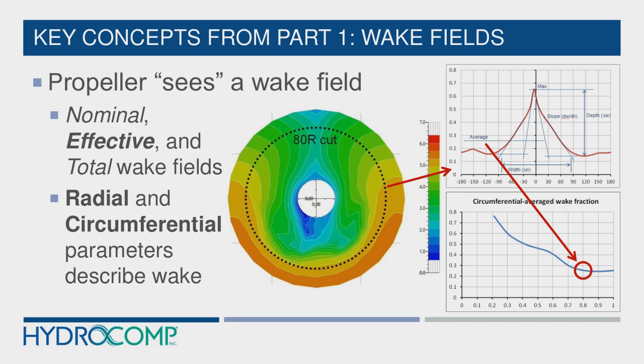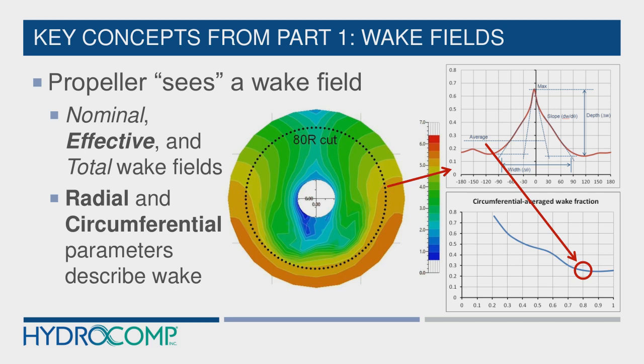That gets turned into a circumferential plot where we see the velocities at each theta or circumferential angle position, and we get a peak at the top, a peak wake fraction, high wake fraction, low velocities, and then low wake fraction, high velocities down at the outer angles. From that line plot at that 80% radius, we then integrate and solve for an average velocity.